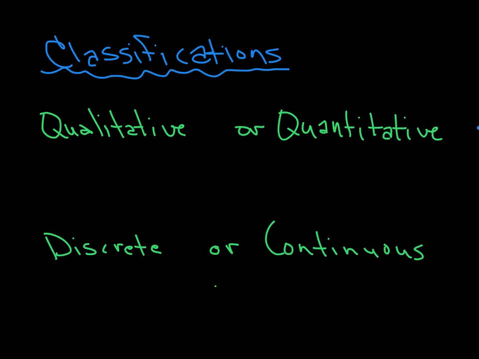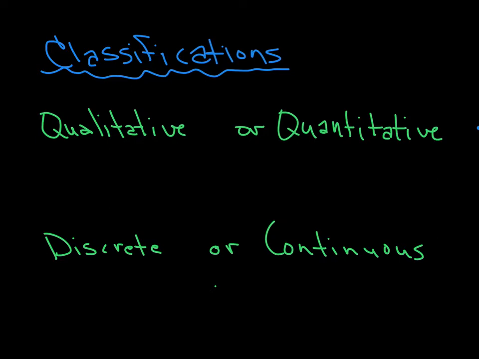I'm going to go over classifications and measurement scales and hopefully give you a little bit more of an in-depth understanding of how to choose classifications and how to choose measurement scales. The key is whenever you're asked for classifications, you should be providing me two classifications.